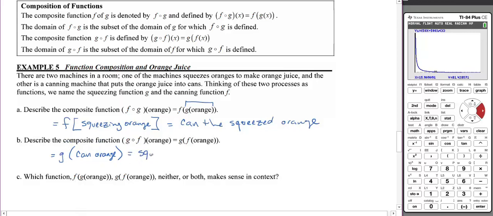So we're going to squeeze the can of oranges. So which function, f of g of orange or g of f of orange, neither or both, makes sense in the context of this problem? This one is the one that makes sense.